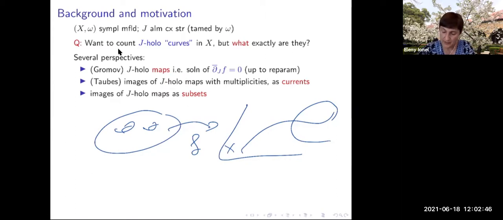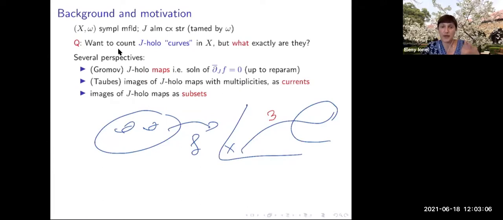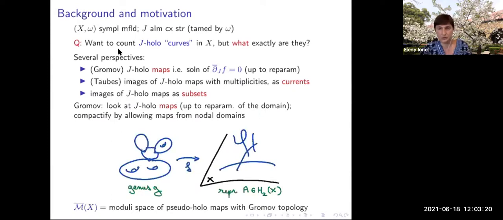So if this map is 3 to 1 onto its image, then we will record not just the image, but also the multiplicity, and we regard this as a current. So by a curve, we can mean either a map mod reparameterization of the domain, or just a subset, or the image with multiplicity, perhaps regarded as a current, like a delta function supported on this curve.